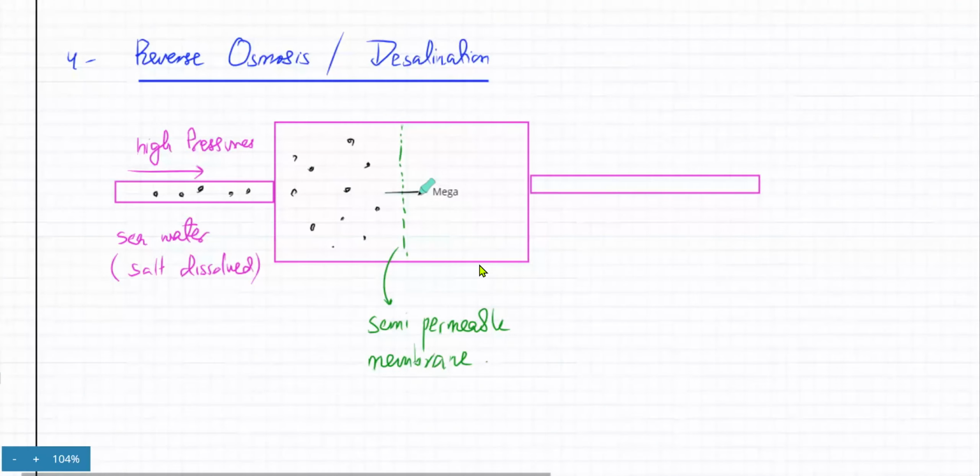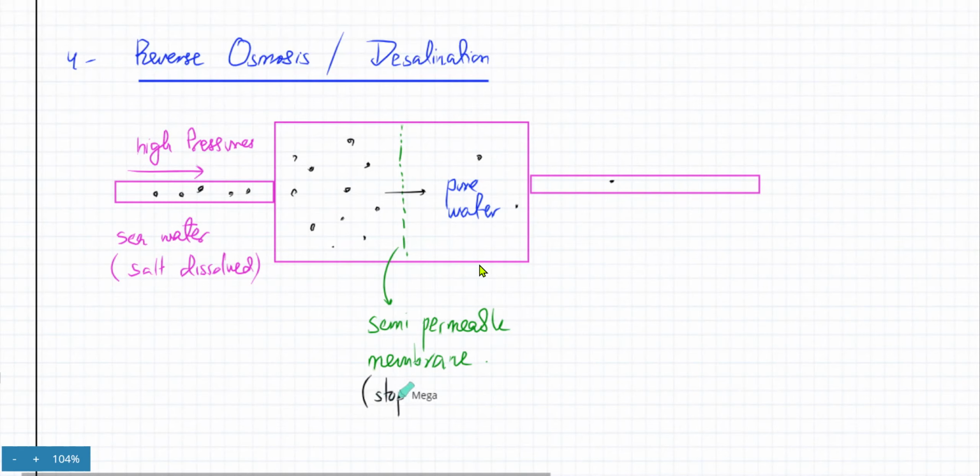So on the other side, you're going to just have pure water, or at least most of the salt particles would stay behind. Very few salt particles would actually pass to the other side. That's how seawater is converted into pure drinkable water, because you've got semi-permeable membranes, which stop tiny salt particles. They're not even microscopic, they're at the nanoscale, so they're even tinier than that.